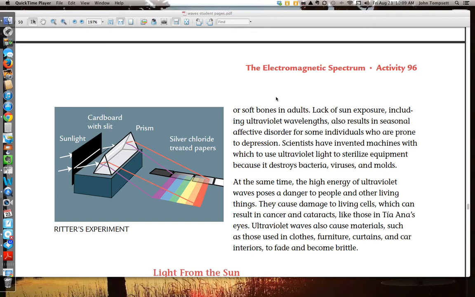They cause damage to living cells, which can result in cancer and cataracts, like those in Tia Anna's eyes. Ultraviolet waves also cause materials such as those used in clothes, furniture, curtains, and car interiors to fade and become brittle. So you can see Ritter's experiment over there on the left with the silver chloride treated papers.